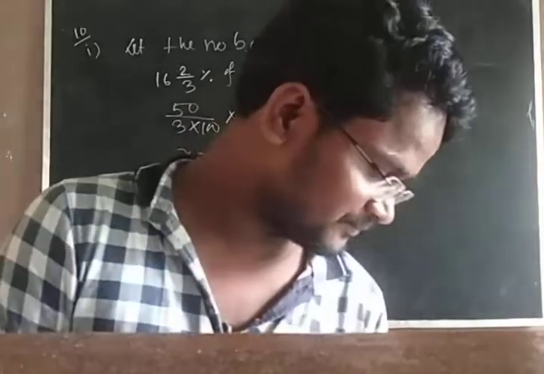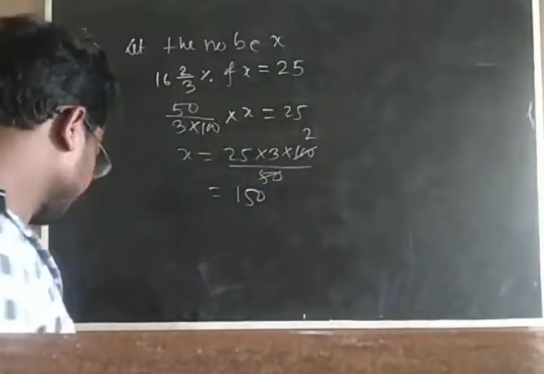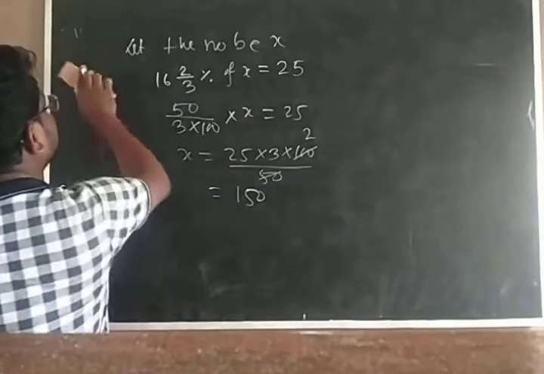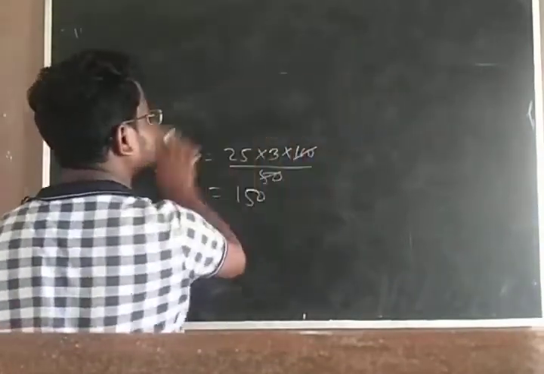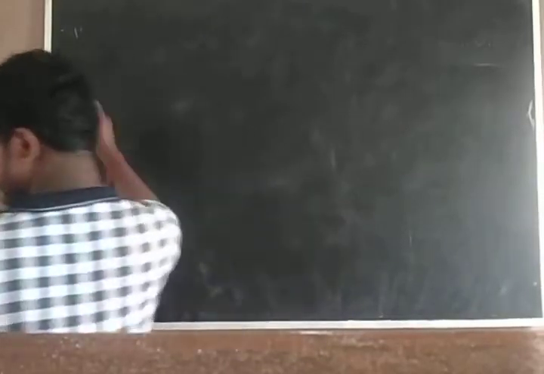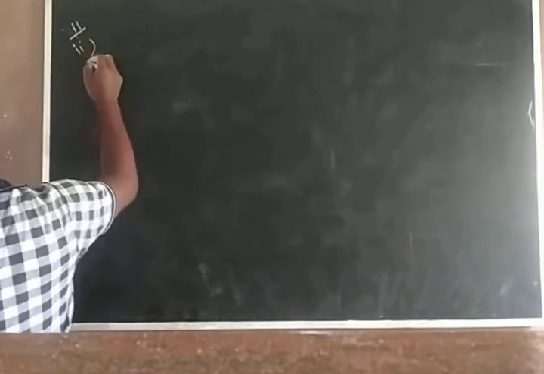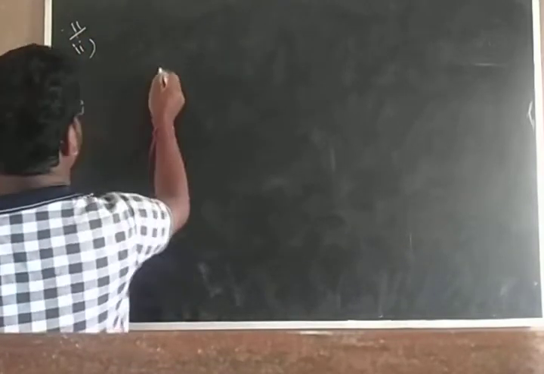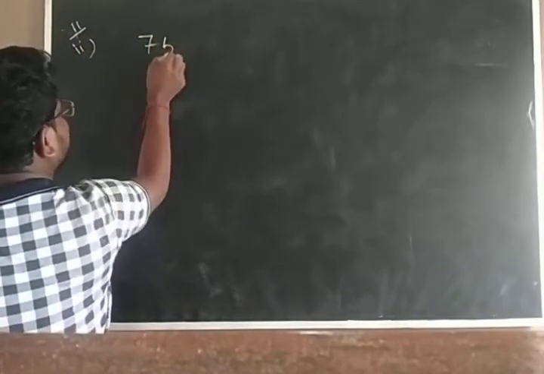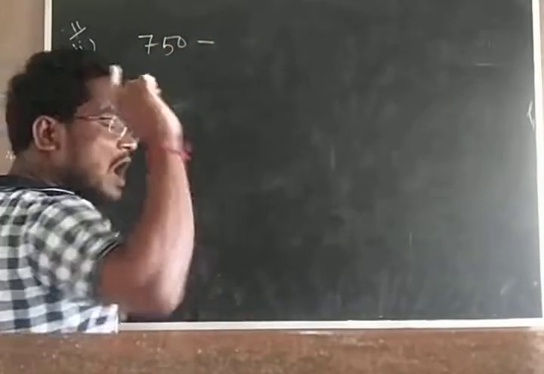Okay. Now 11, 2. Decrease the number 750 by 10%. 750 will be decreased. Decrease means minus. How much?